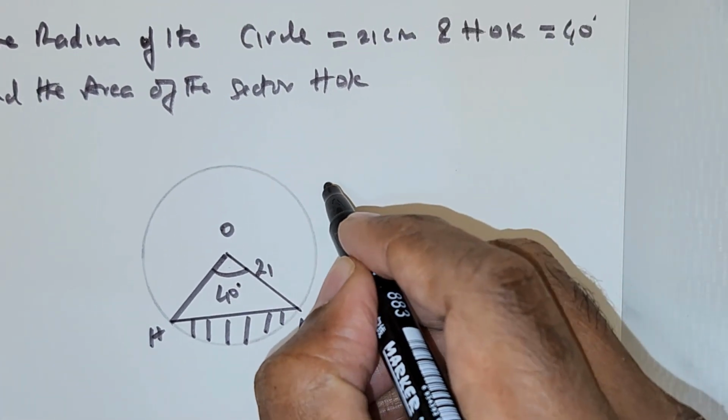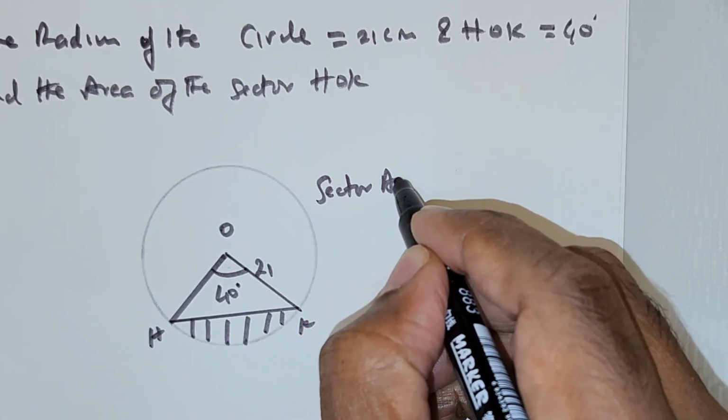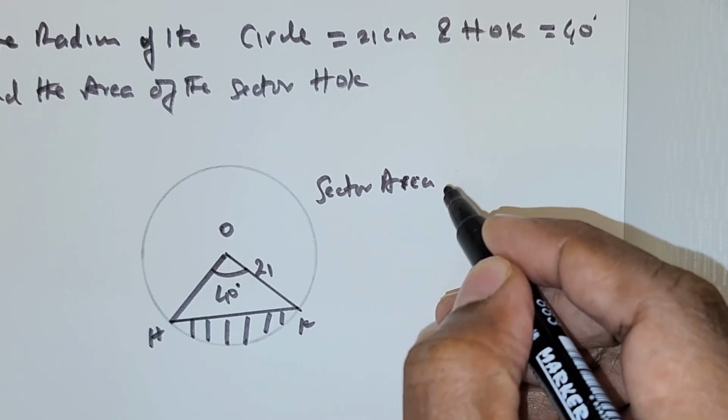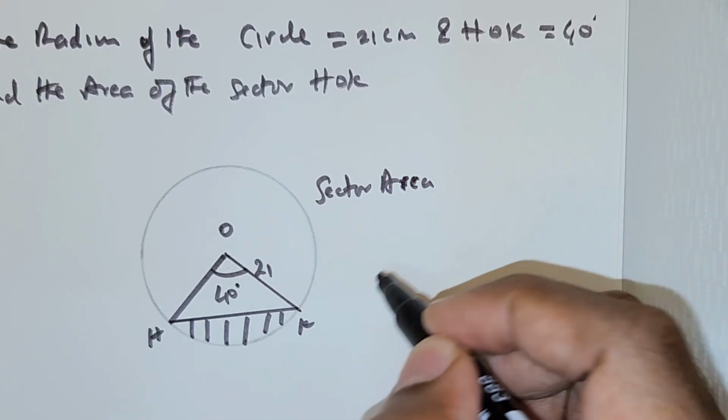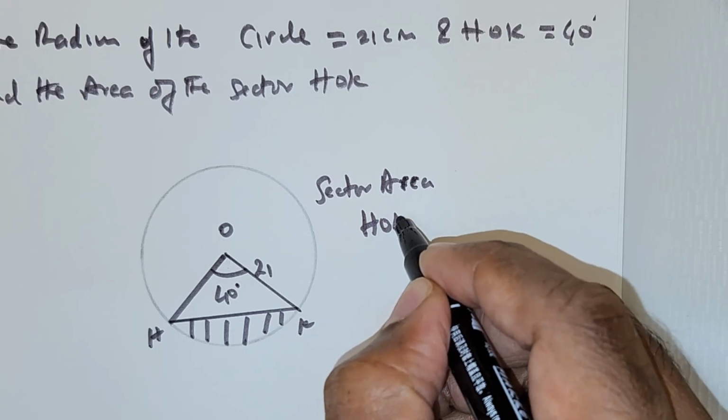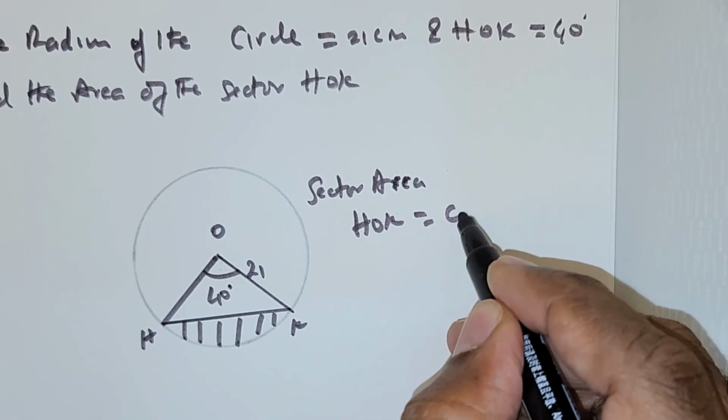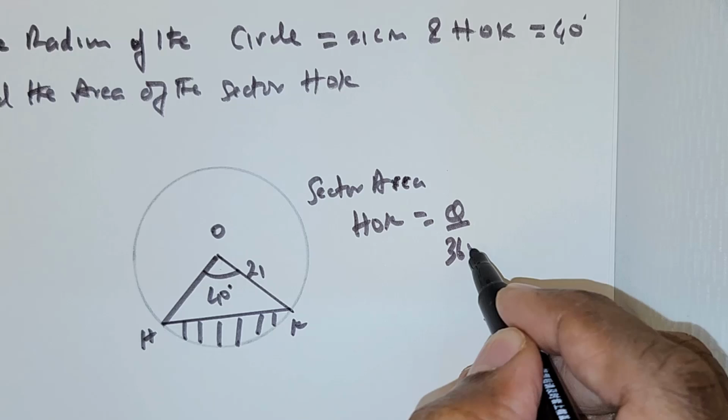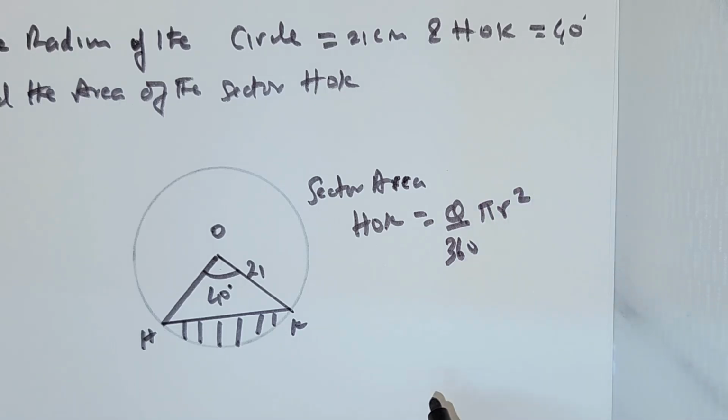Now sector area, in this case HOK, is given by theta over 360 times pi times r squared.